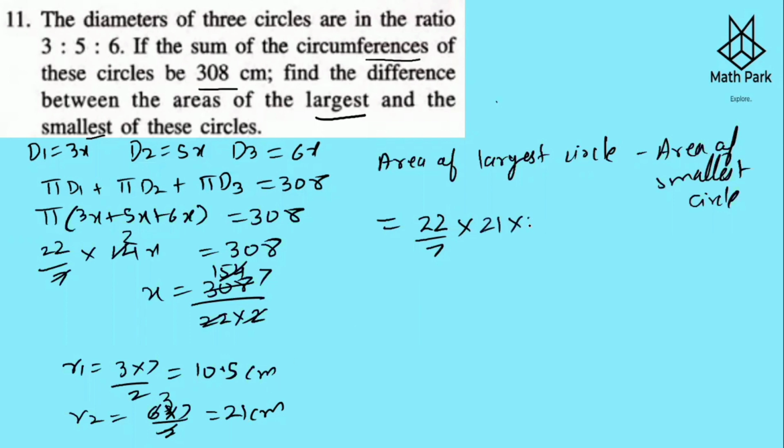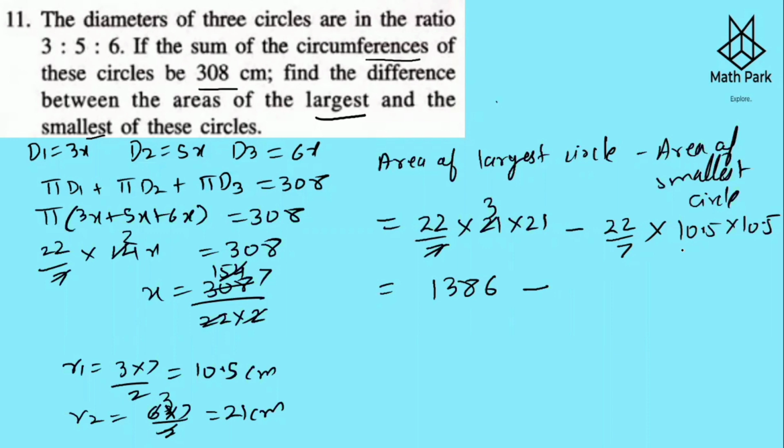So 21 times 21 is the area of the largest one. Minus the area of the smallest circle is again 22 by 7 and the radius is 10.5, so 10.5 times 10.5. We have calculated a lot of times 22 times 3 is 66 and 66 times 21 we got 1386 as the area of the largest one.